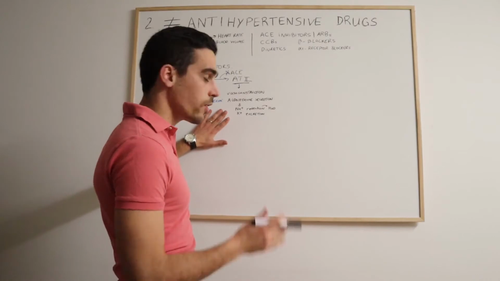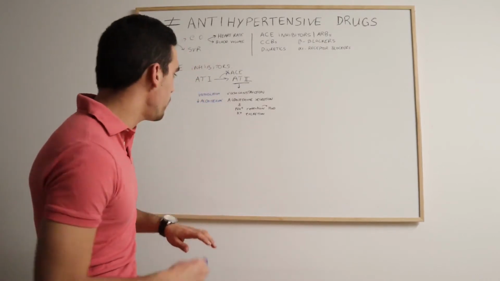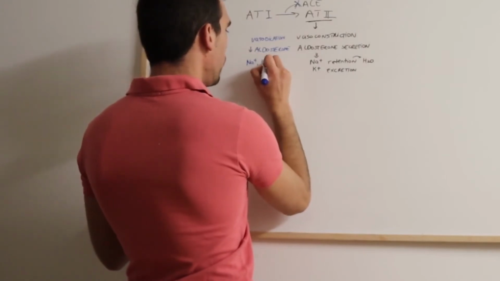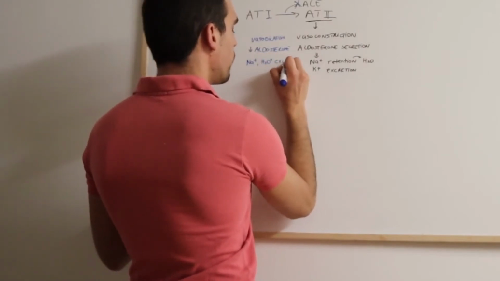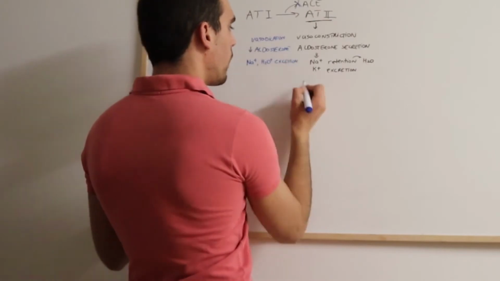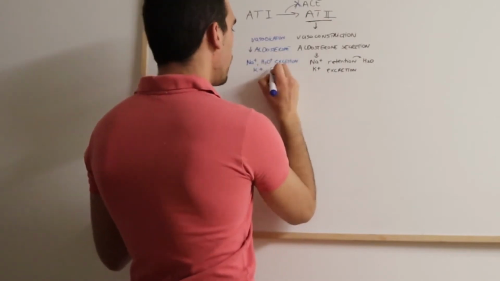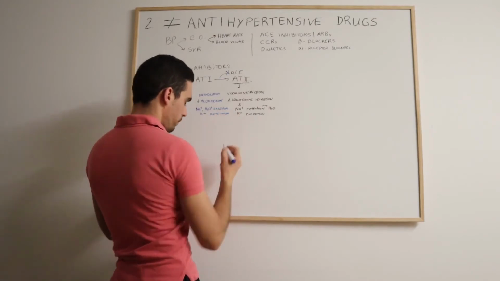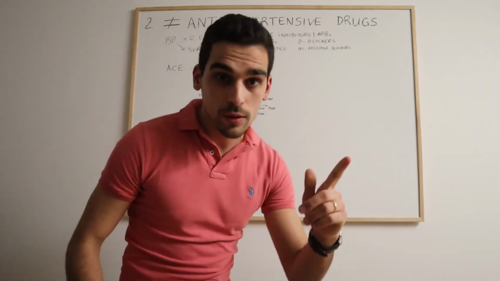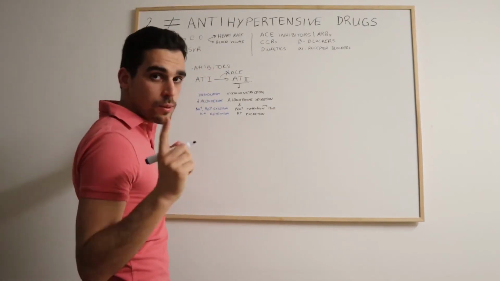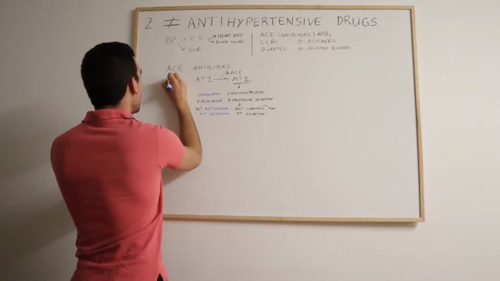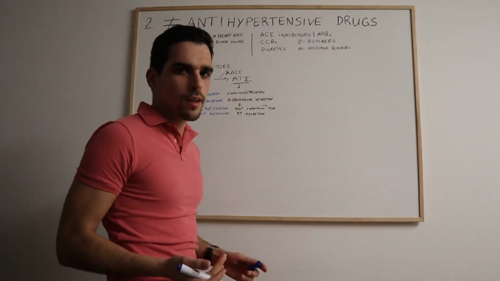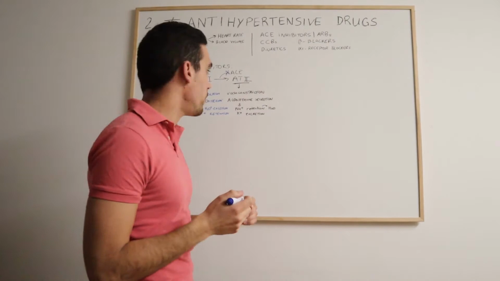So with ACE inhibitors we'll have the opposite effect: sodium and also water excretion, as well as potassium retention. Also, some examples of ACE inhibitors are enalapril and perindopril. All the drugs that end in pril are ACE inhibitors.